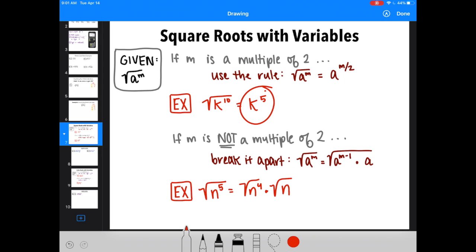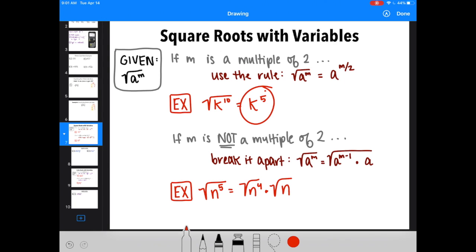Remember, I can break up my radical and multiply it together because of the product rule. So because of this rule, I break up the square root of n to the 5th into the square root of n to the 4th power multiplied by the square root of n.